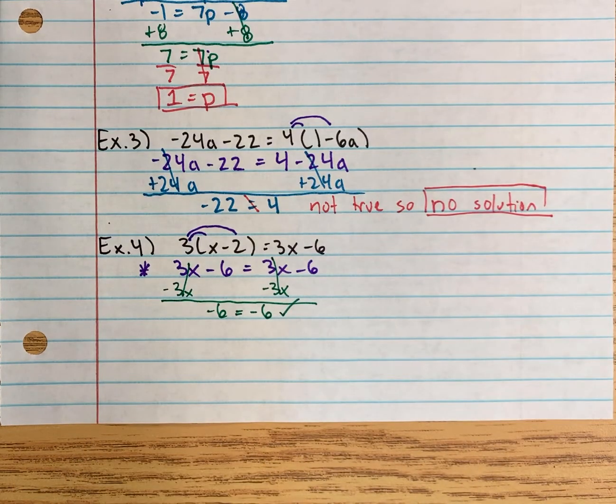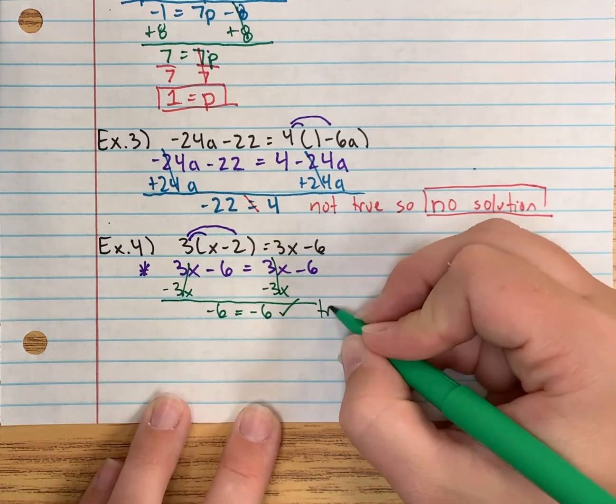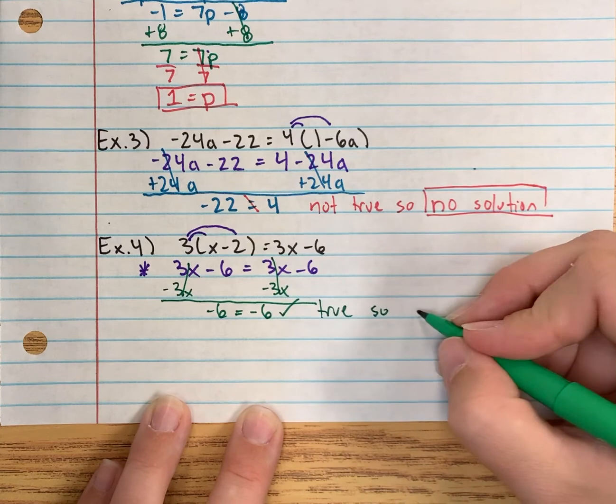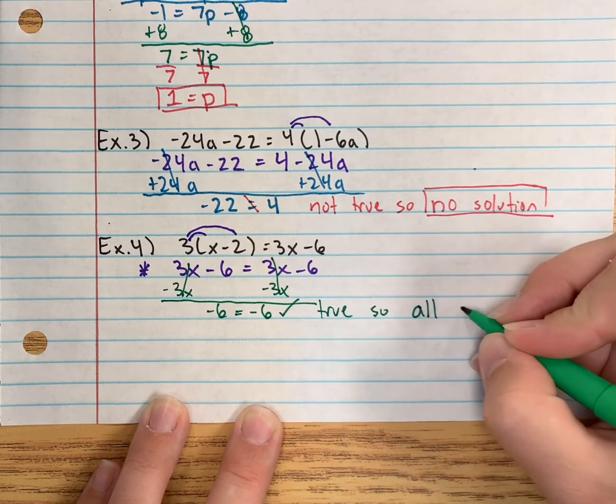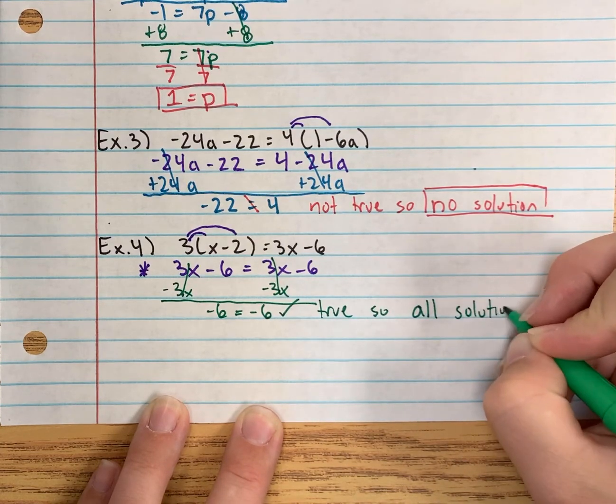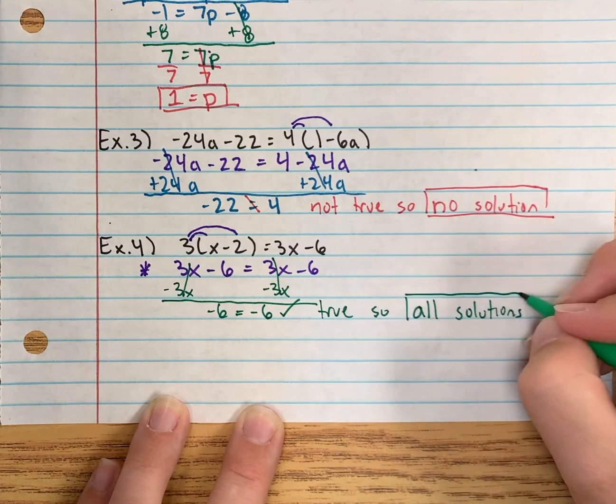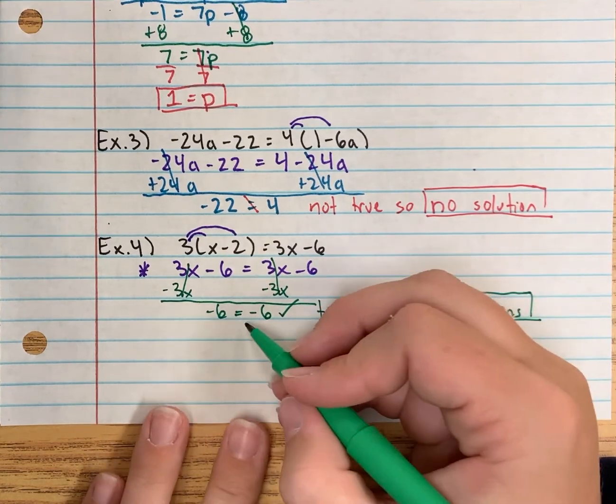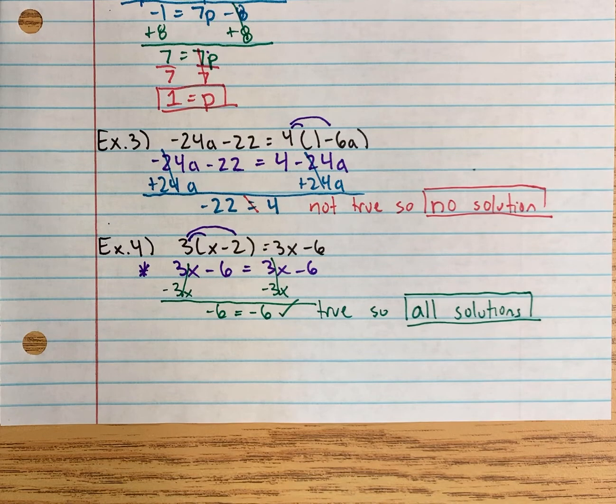That is a true statement. Since this is a true statement, that means your answer is all solutions. So since you got -6 equals -6, which is true, that means your answer is all solutions.